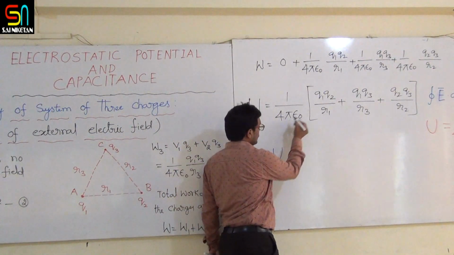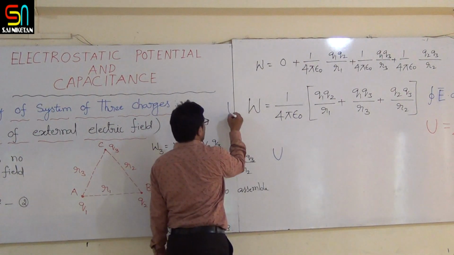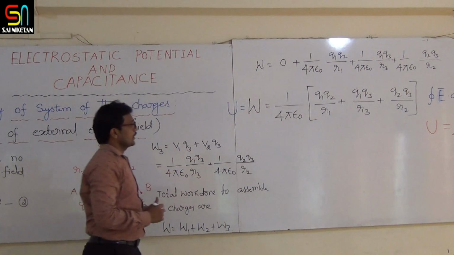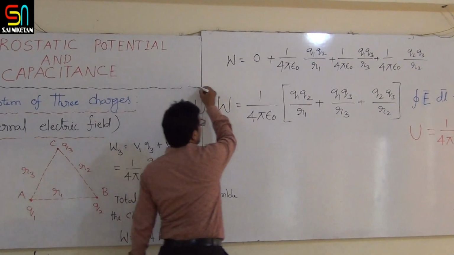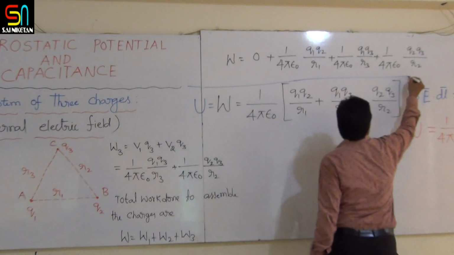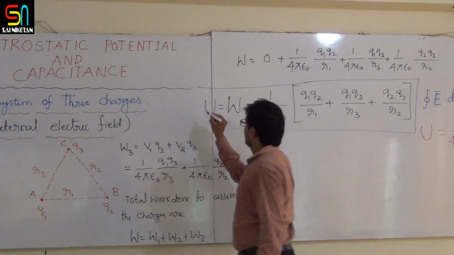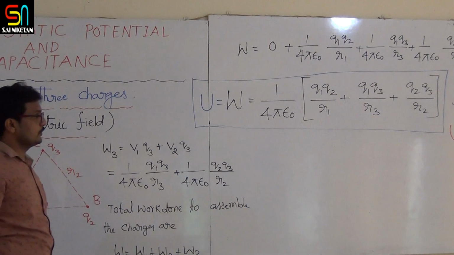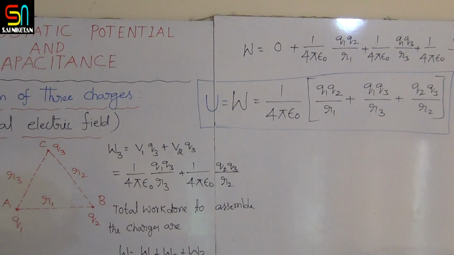U is equal to W is equal to 1 by 4 pi epsilon naught, Q1 Q2 by R1 plus Q1 Q3 by R3 plus Q2 Q3 by R2.